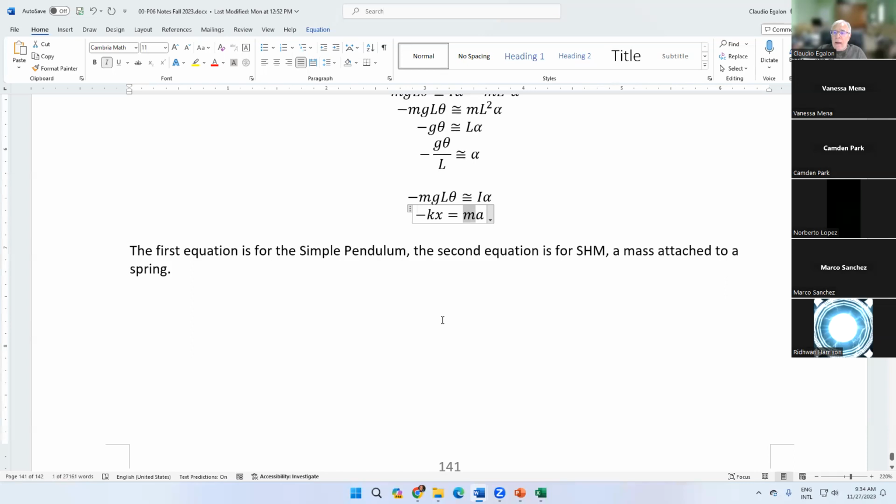Here is the linear inertia that I mentioned to you, and here is the angular inertia. Here is the acceleration, and here is the angular acceleration. In view of those relations, I can go ahead and call this mgl here a K prime.